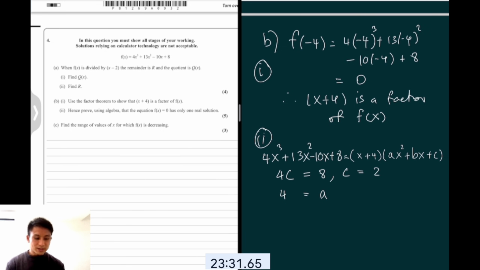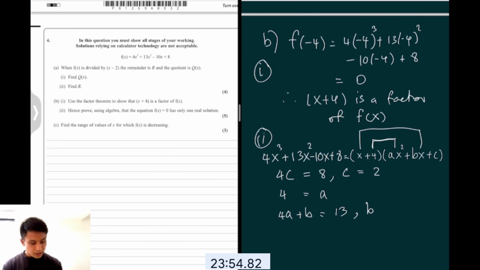And then for B, we can take the second degree or the first degree. Let's do second. So the pair that would give me x squared would be that and that, right? So 4a plus b is equal to 13, the coefficient. That means b equals 13 minus 4a, so 13 minus 16.